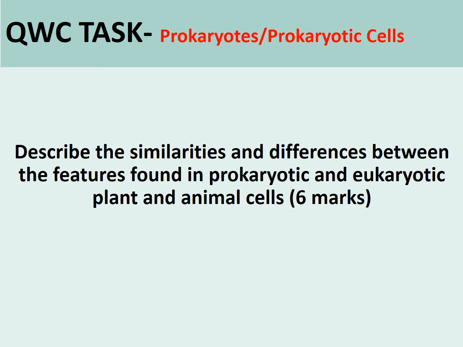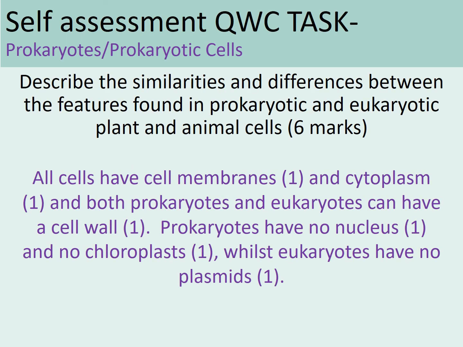Right, let's see how we got on then. Now, you might have put things that I have not put in this answer, which would be valid. So just have a look back to see whether that is correct or not. But these are kind of 6 big things that you might have mentioned. So you might have said that all of them have cell membranes. You might have taken it further and said what the function of the cell membrane is, so it controls what goes in and out of the cell.